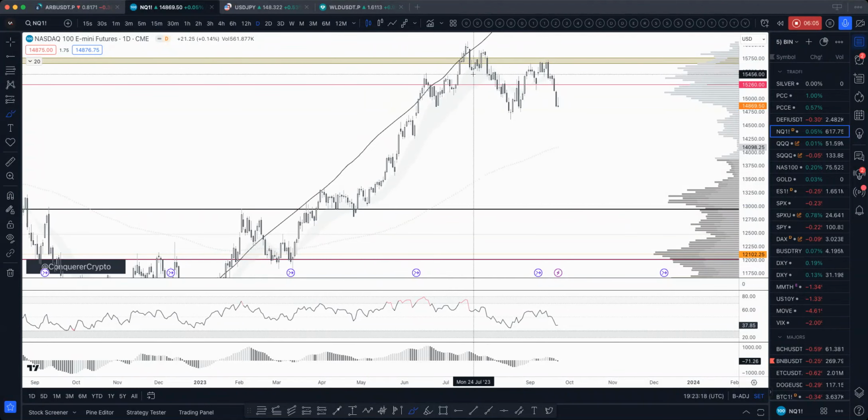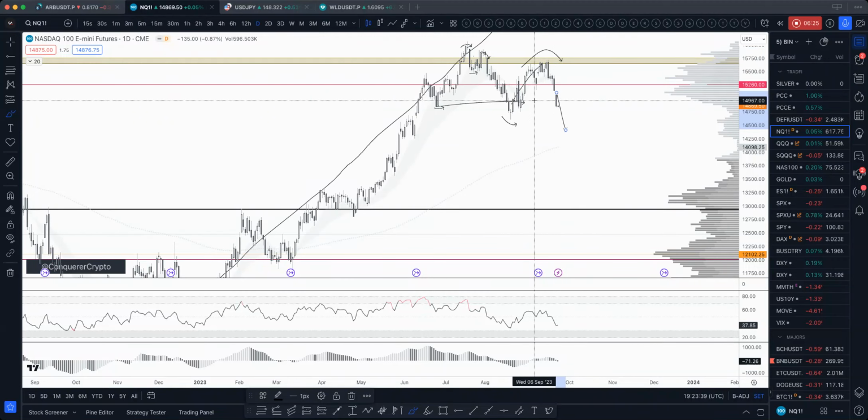But this one did. Also, on the daily, now what we're seeing is this was a high, that was a low, that low high. Now we also broke this, right? We broke this one also, and we printed a lower high. If it just does this, then this trend would be confirmed to the downside, right?